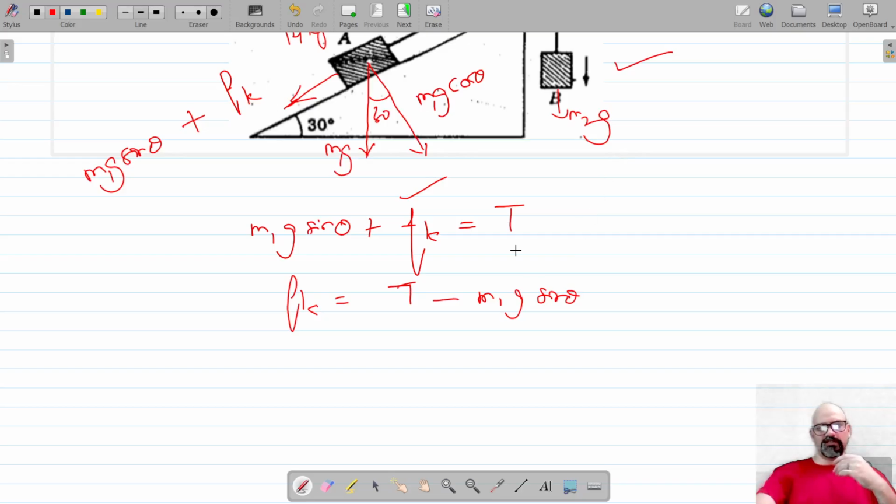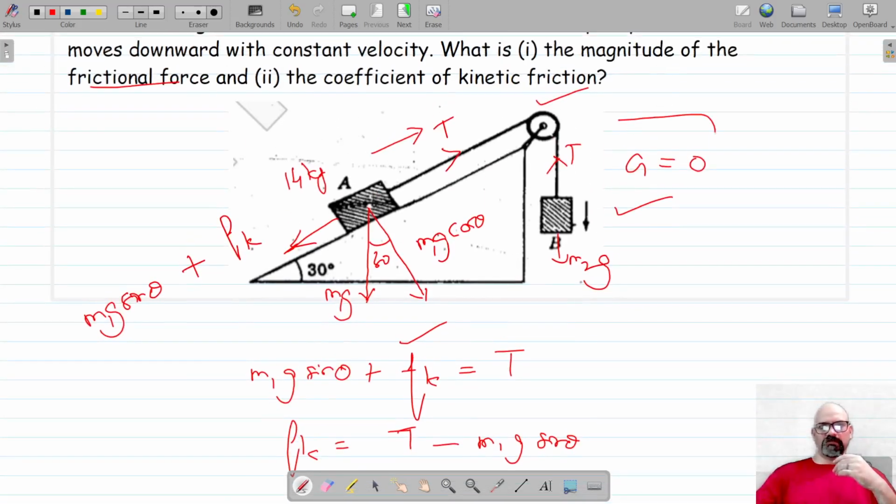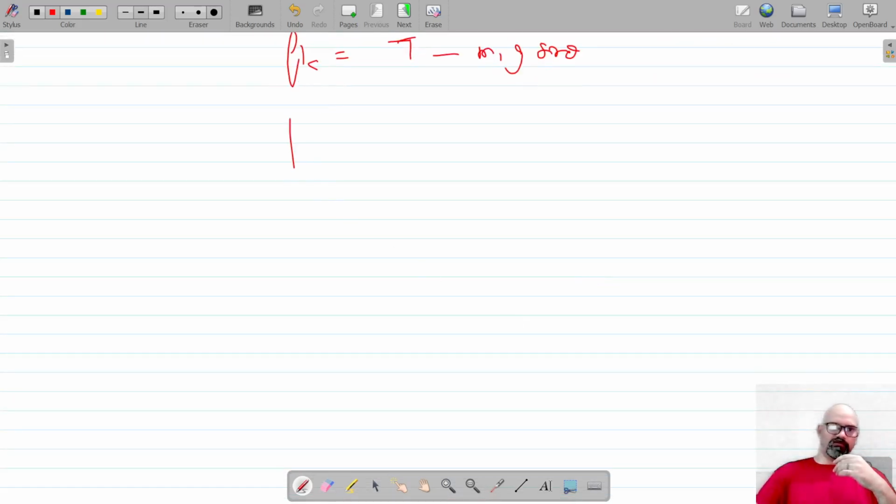Now the tension T in the string is balanced by the weight of the second block, T is equal to M2G. So the force of friction is equal to M2G minus M1G sine theta.